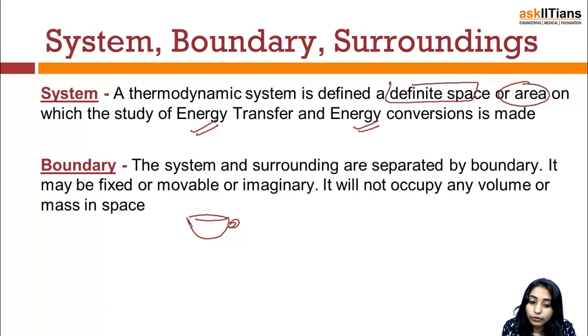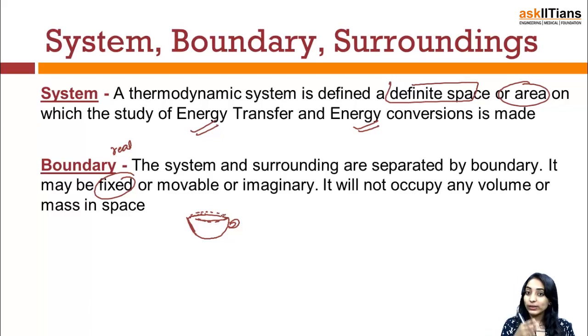If I am talking about imaginary boundary, you can take the example that this was a cup. Here the boundary of the cup is the real boundary, and it is solid. That means you have a fixed boundary and a real boundary. But at this top part, there is nothing, just air, to separate the air from the coffee. So I am considering a kind of dotted imaginary boundary.